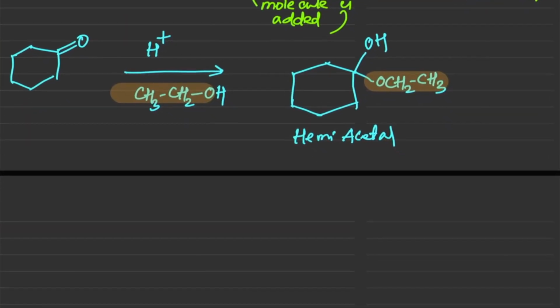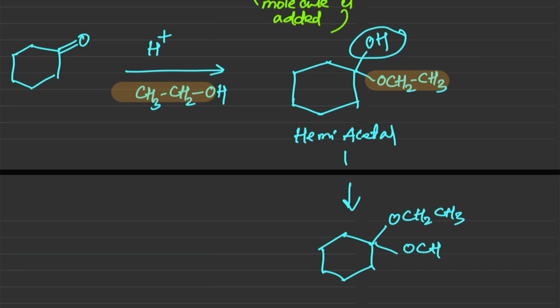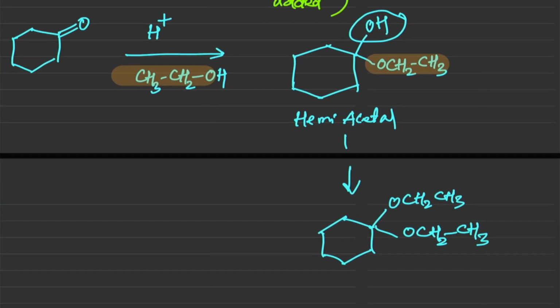Hemiacetal. We can keep doing this reaction. We can add the next alcohol, where we're going to replace the OH with a second alcohol. So let's draw it out. Now we've got OCH2CH3, OCH2CH3.